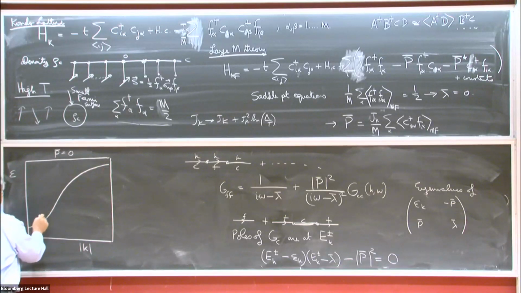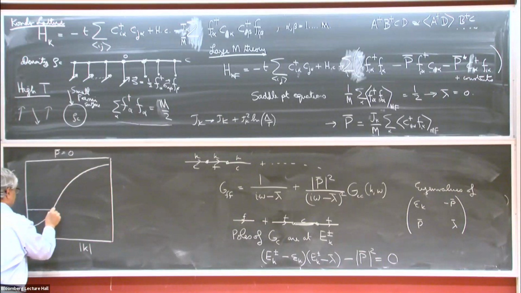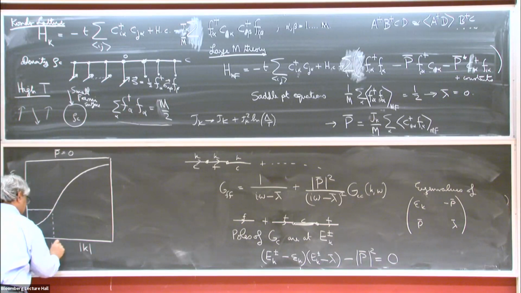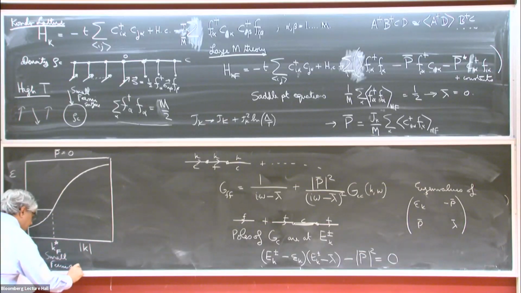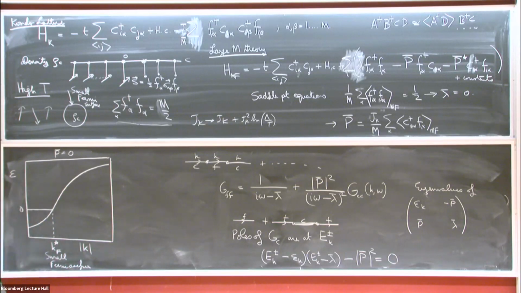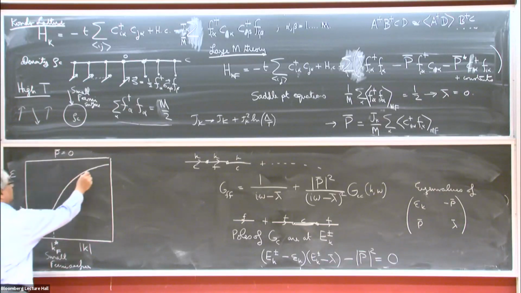And there's lambda bar, and this will be 0 here. This is called k_F star. That's the Fermi wave vector of the small Fermi surface. It's a small Fermi surface. And these states are going to be filled. So this is E_k.